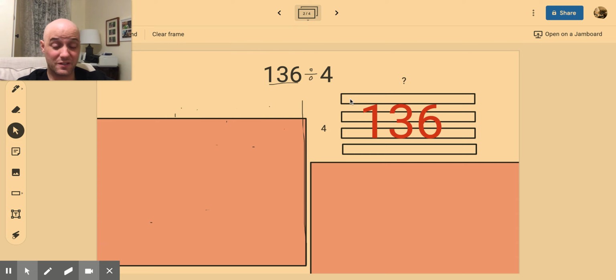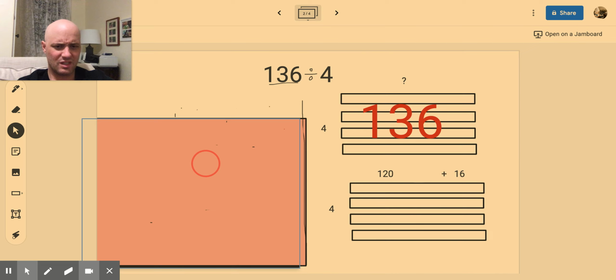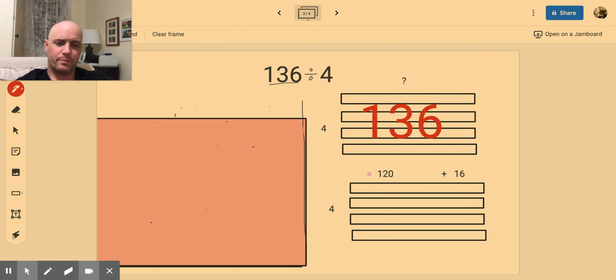Over here is another way to think about it. You have 136 total into these 4 rows. This is kind of like the area array way that we did to multiply. What if we divided 136 into 120 and 16? Notice that I didn't divide it into 130 and 6, because 4 times what is 6? I wouldn't want to do that.